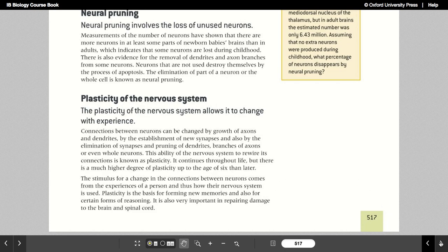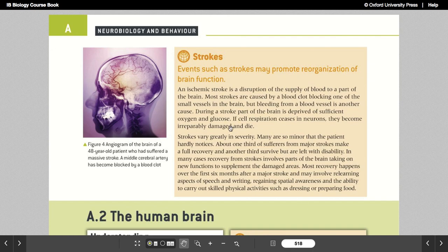Okay, so plasticity is really important for repairing damage. And we just talked about strokes. A stroke occurs when a clot forms in the blood vessels that are trying to feed your brain. This might be a blood clot, which is most common, but it also might be an atherosclerotic clot.